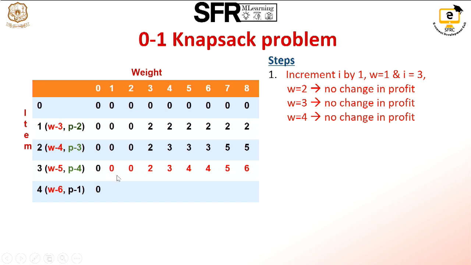So like this, 0 0, there is no item to fill up the bag with 2 kg capacity, and then for 3 kg we can use the previous value, the first item only.